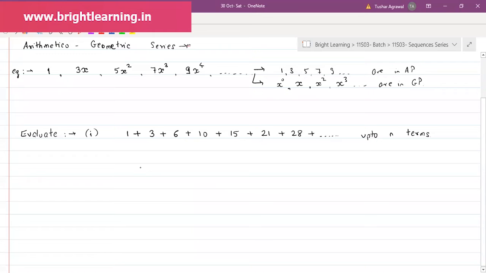Now here we are studying applications of arithmetico-geometric series. The method used to find the sum of an arithmetic or geometric series, the same method will be used to solve this type of summation.